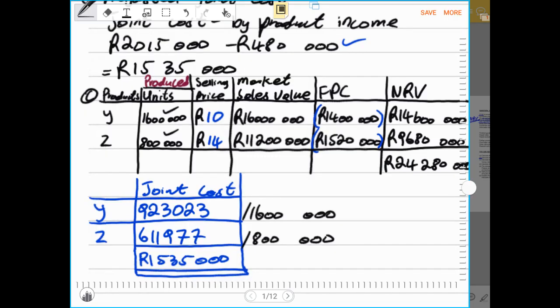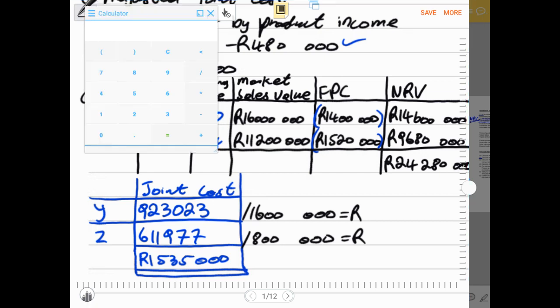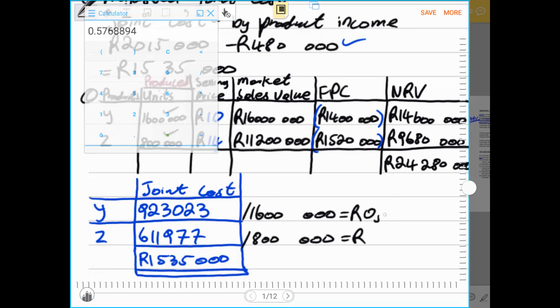That is why, when it comes to the joint cost per unit, we will divide by 1.6 million units and 800,000 units. Then we'll say 923,023 divided by 1.6 million, and this will give us 0 rands 58 cents.